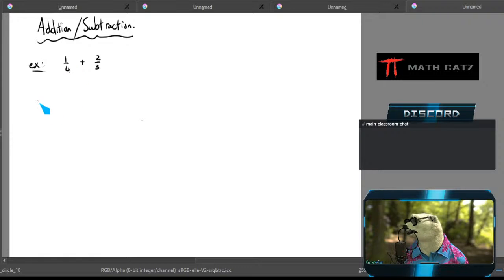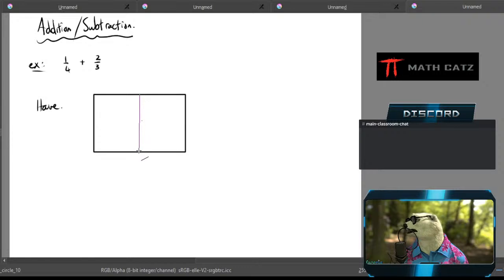I start with my first number. That's what I have. So I'll do a quick version here. I have to represent it, of course. I don't want to make a mess of it, so I do want to use straight lines. But we've done it a few times now, so we can do it really fast. So I have some stuff according to the first fraction. I don't need to make these big to understand what's happening here.